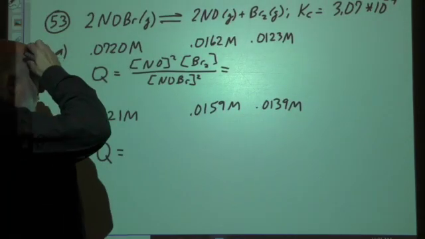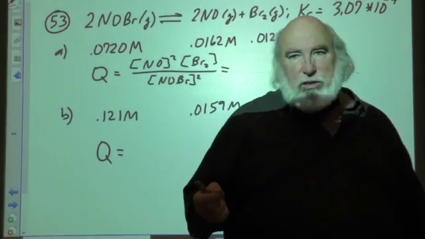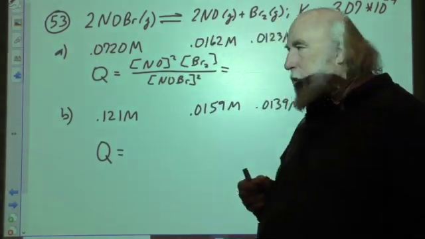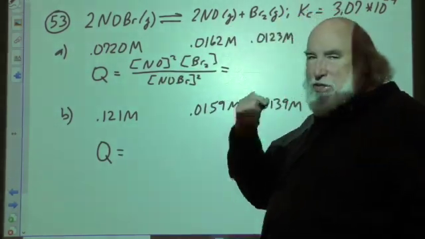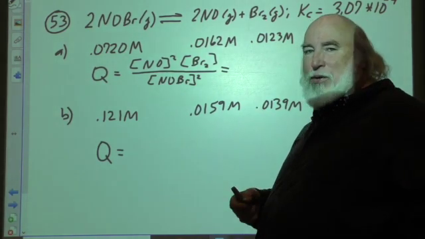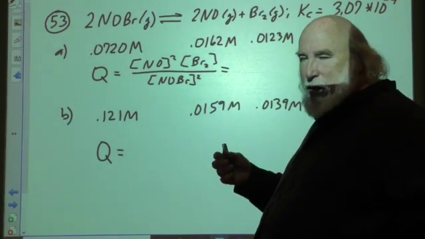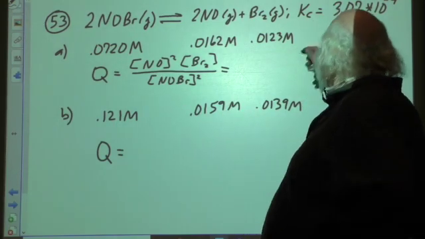Number 51, now we deal with that Q that we were talking about. Q is a test for Kc. You find it exactly the same way as a Kc, but then you compare it to the Kc value to see if you did indeed have a mixture at equilibrium. How do we know? Well, we compare it to this.